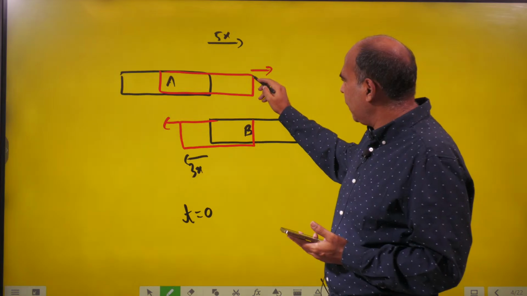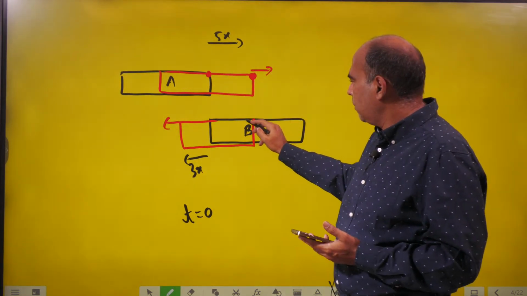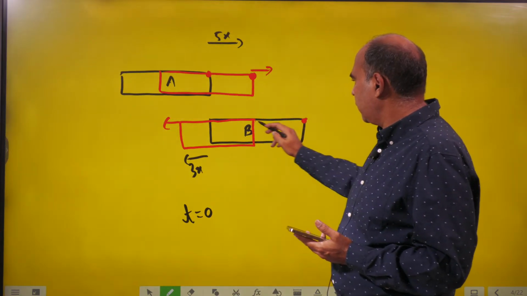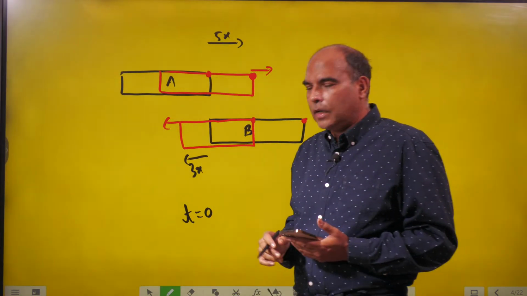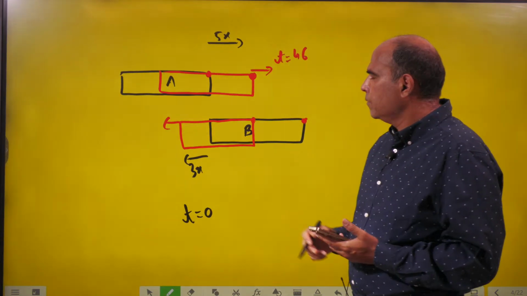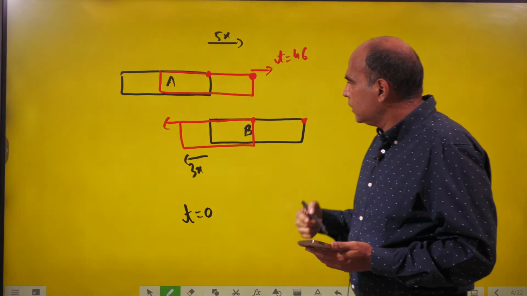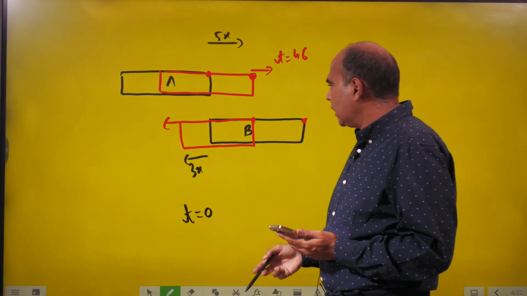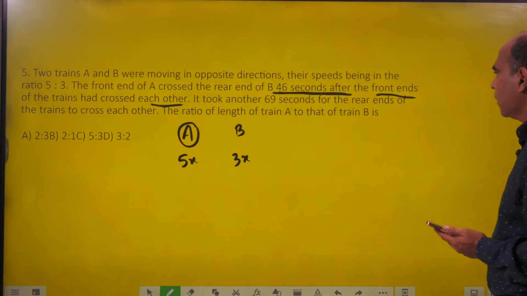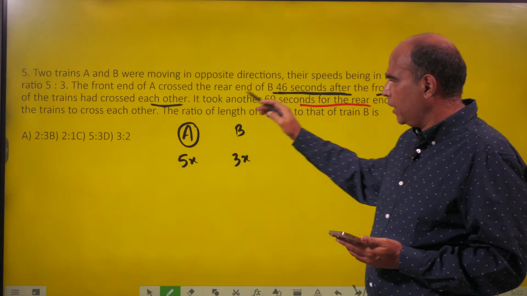So what is happening? The front end of A, which was here initially, is now crossing the back end of B, which was initially here. And this is at t equals 46. Then the question tells us it took another 69 seconds for the rear ends of the trains to cross each other.